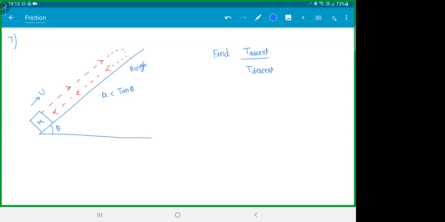So sin theta, mu cos theta, sin theta plus mu cos theta, ऐसा ही कुछ आएगा. It won't be a good answer.